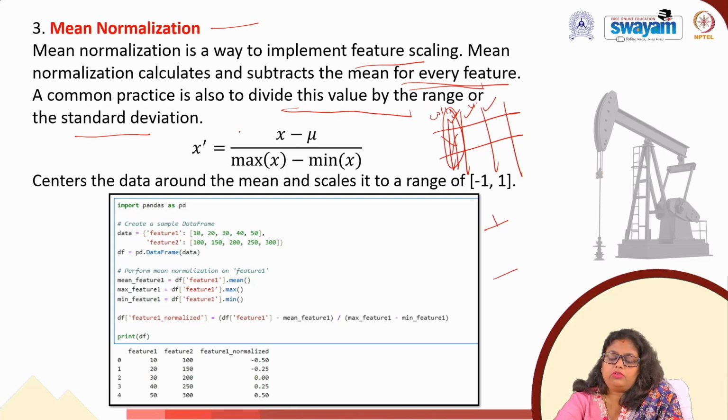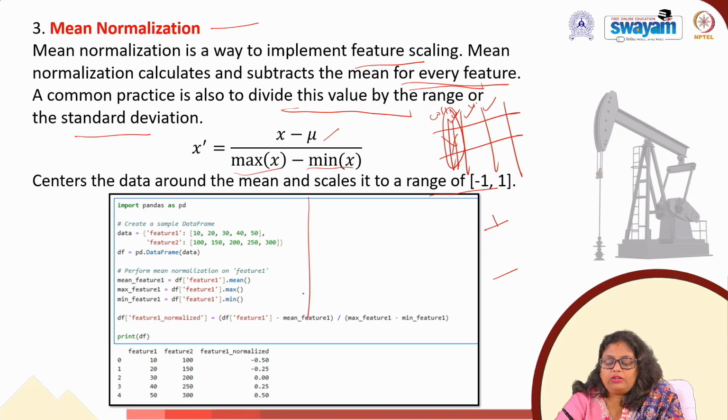So this is the way to calculate it: x' = (x - mu) / (max(x) - min(x)), where mu is the mean and x is the data point being normalized. So it centers the data around the mean and scales its range to -1 to 1.